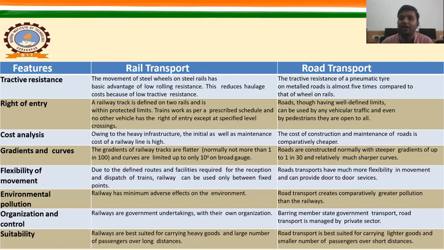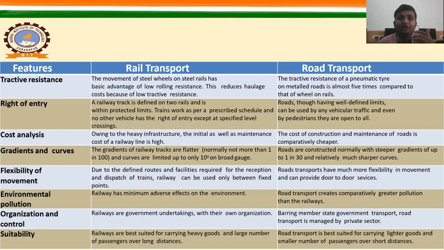What I have done, I have figured out the different comparisons among rail transport and road transport under different feature categories. The first feature is tractive resistance. Now you can see in the PPT which I have shared with all of you on the screen.